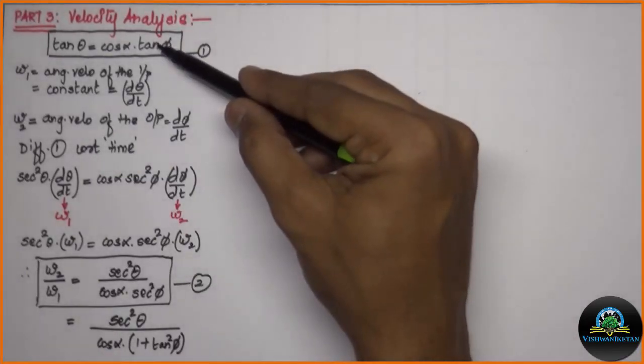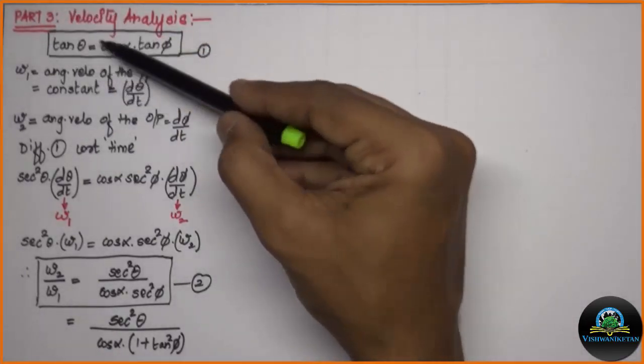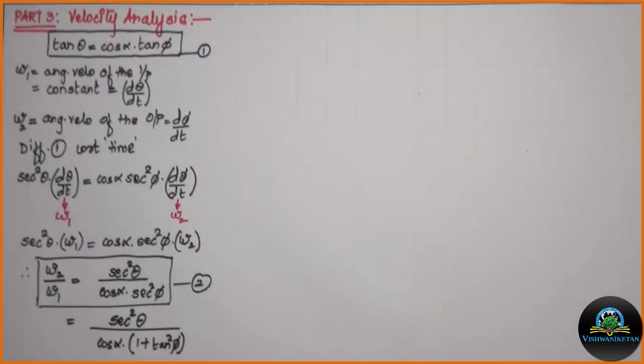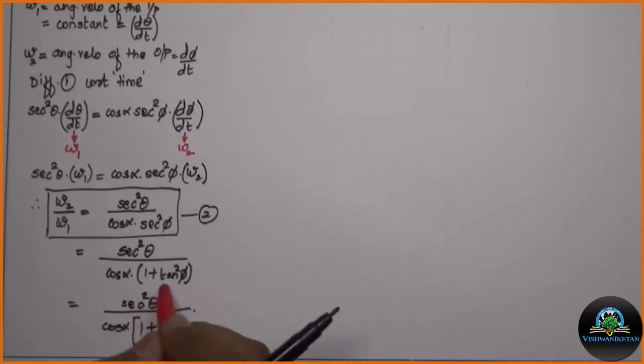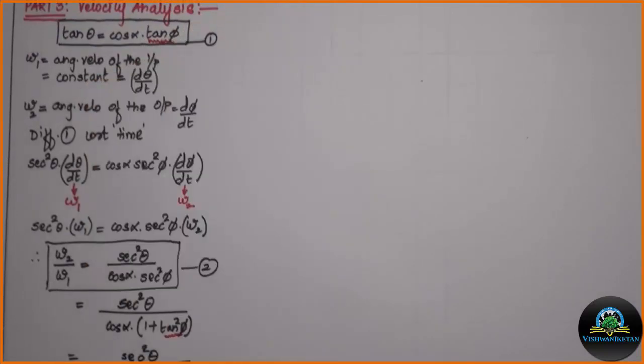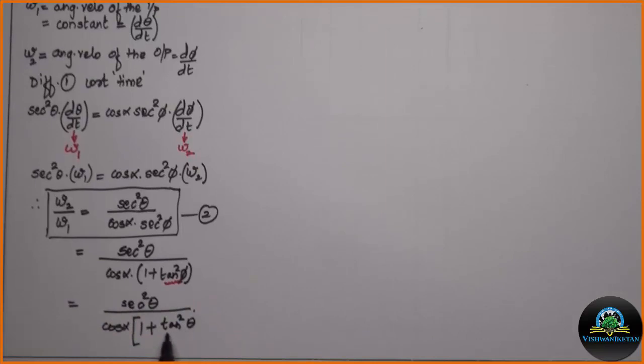So, tan square phi would be tan square theta divided by cos square alpha. So, what we could write as numerator sec square theta as it is, cos alpha as it is, 1 plus, we would replace this tan phi by tan square theta divided by cos square alpha.